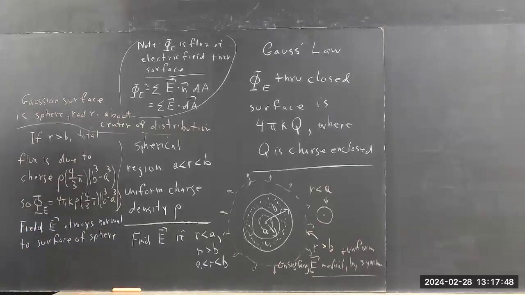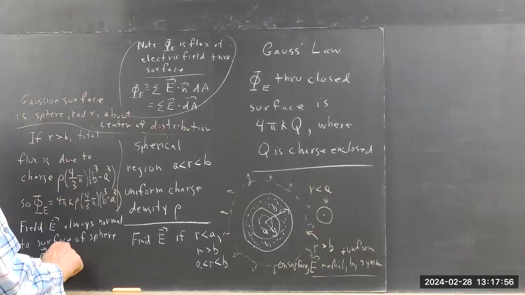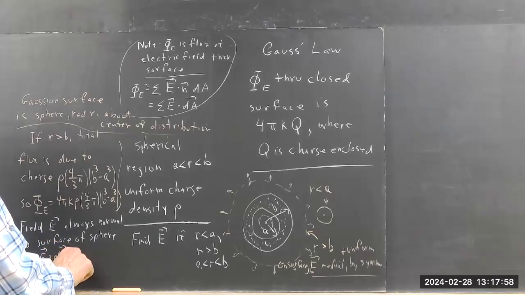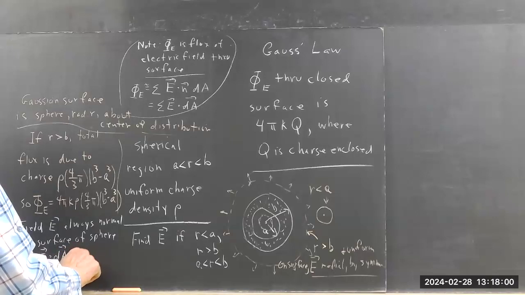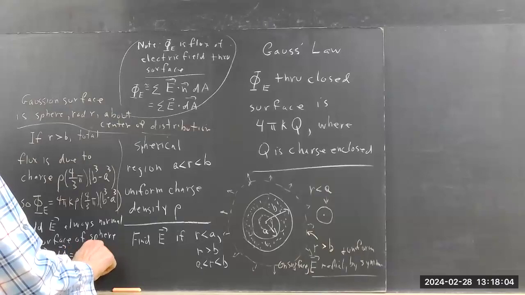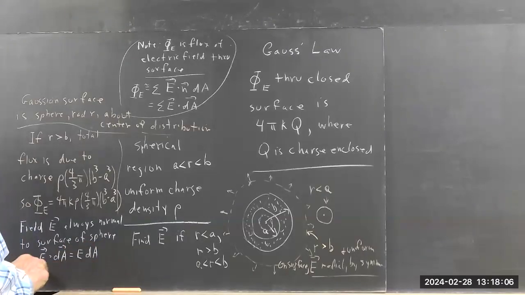the field is always normal to the surface here. So E dot dA is just E dA.